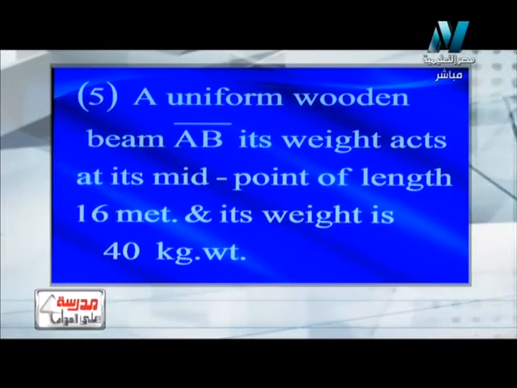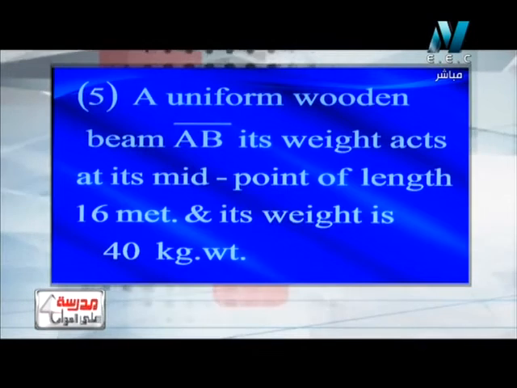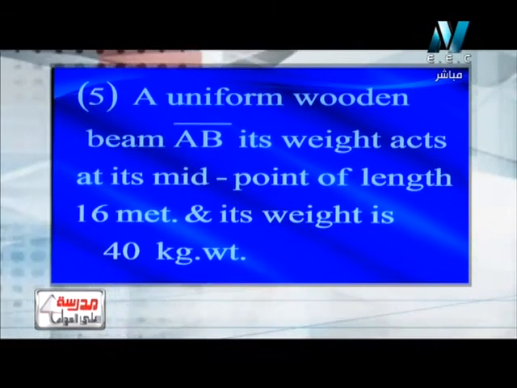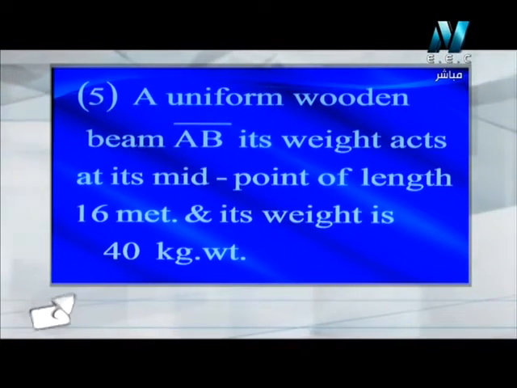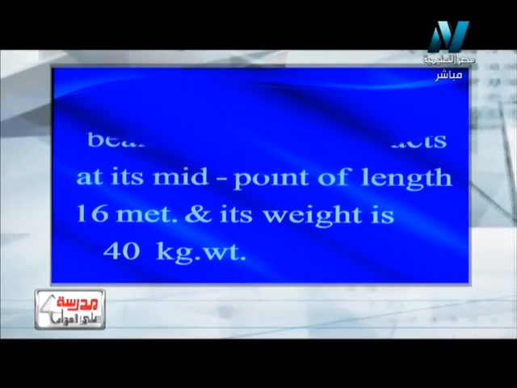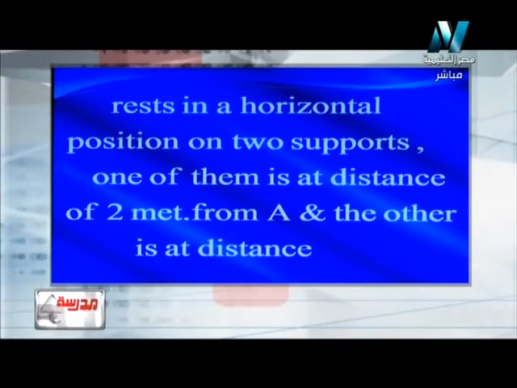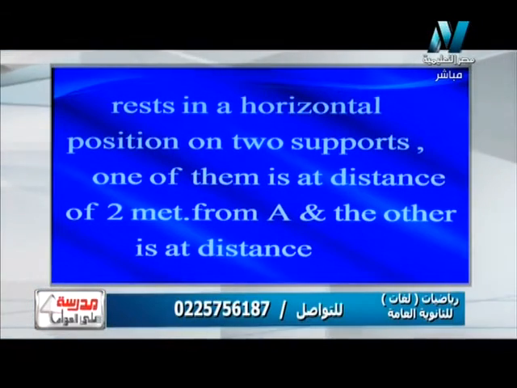The next example says a uniform wooden beam, line segment AB. Its weight acts at its midpoint, of length 16 meters and its weight is 40 kilogram weight. It rests in a horizontal position on two supports.